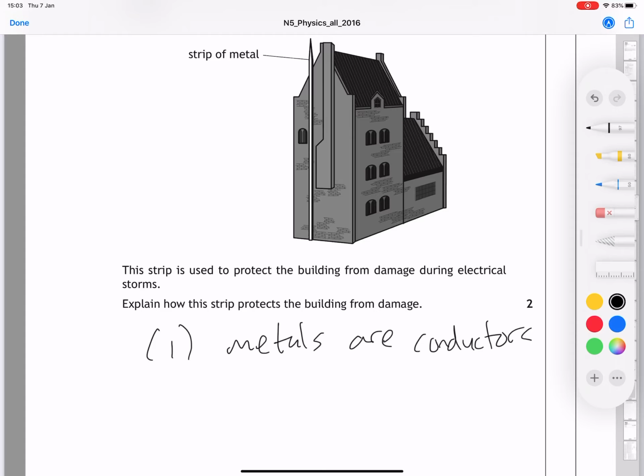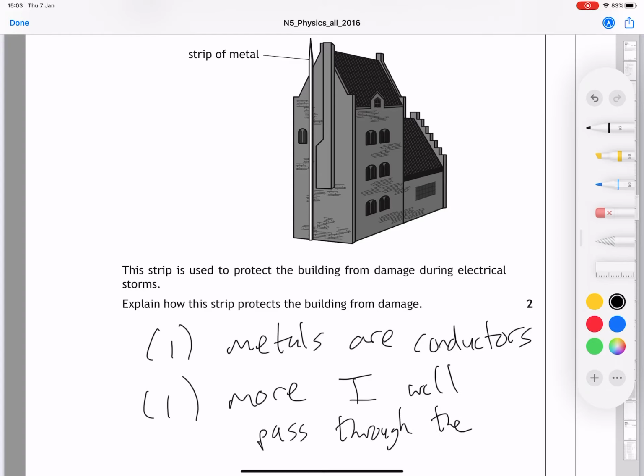So it's going to take the electricity instead of the building, and more current will pass through the metal than the building. Something along those lines will get you the 2nd mark.